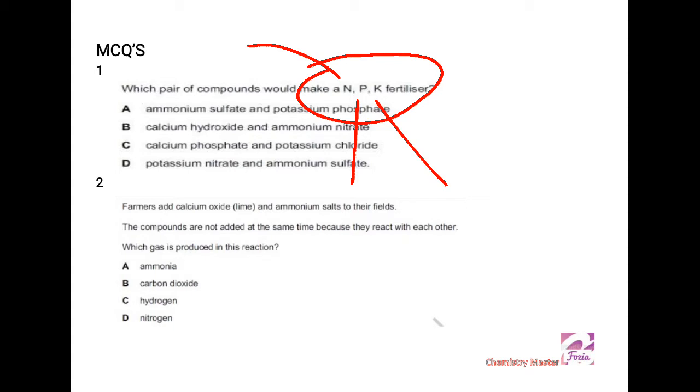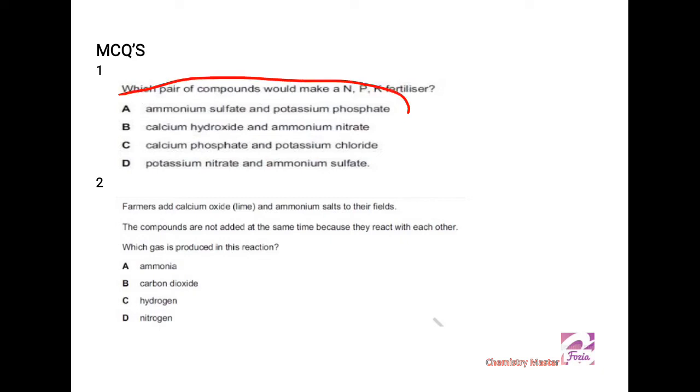That's why they are shorthand called NPK fertilizers. Now it is asked which pair of compounds would make such fertilizers, rich in nitrogen, phosphorus and K. A very routine preparation is by mixing ammonium sulfate and potassium phosphate.